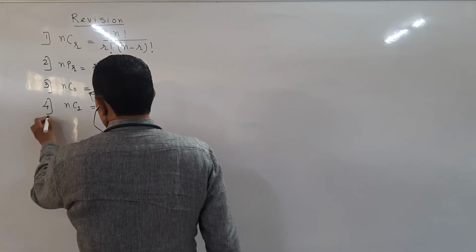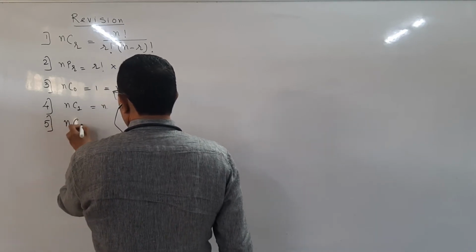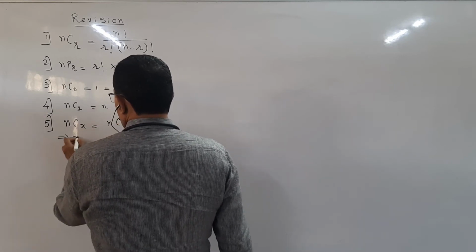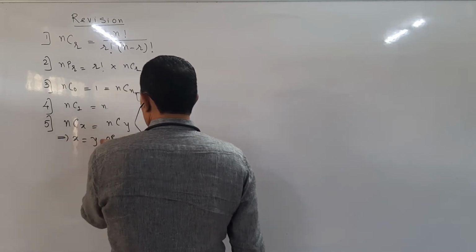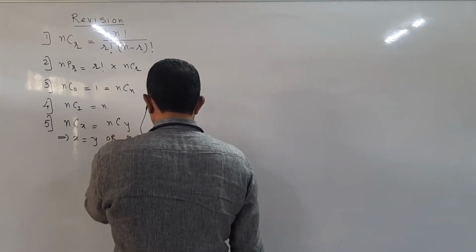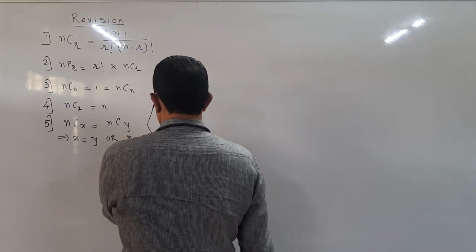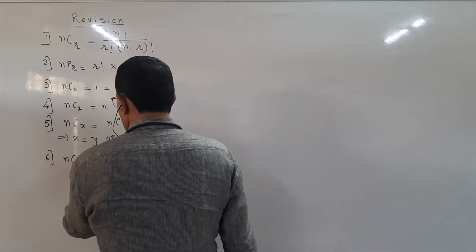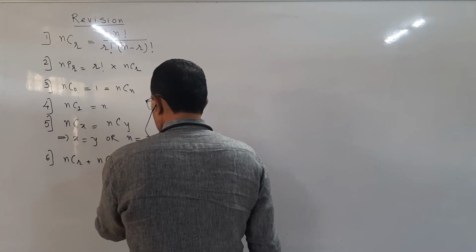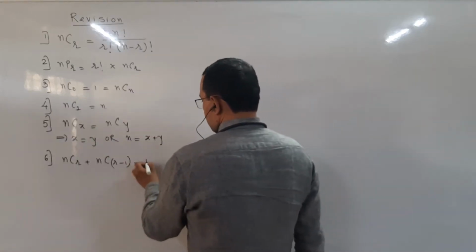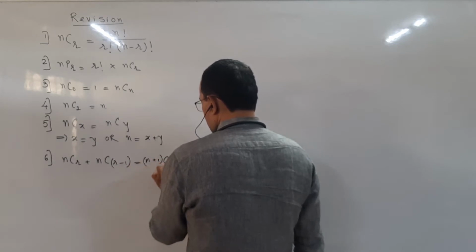Then, students, the important properties: nCx is equal to nCy. It implies x is equal to y or n is equal to x plus y. Last but not least, nCr plus nCr minus 1 is equal to n plus 1 Cr.